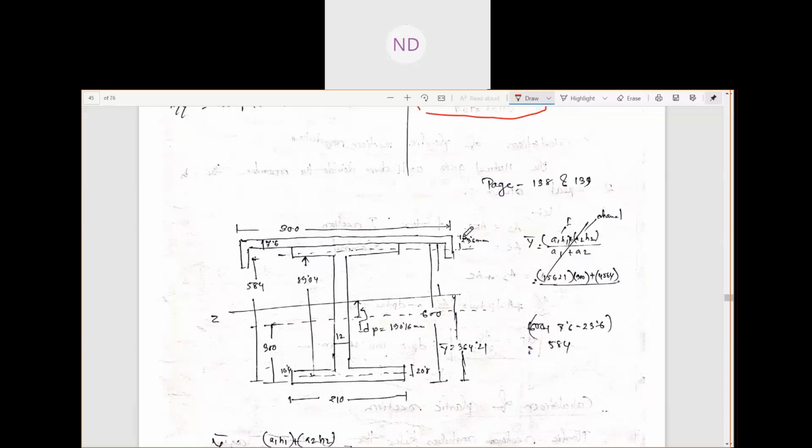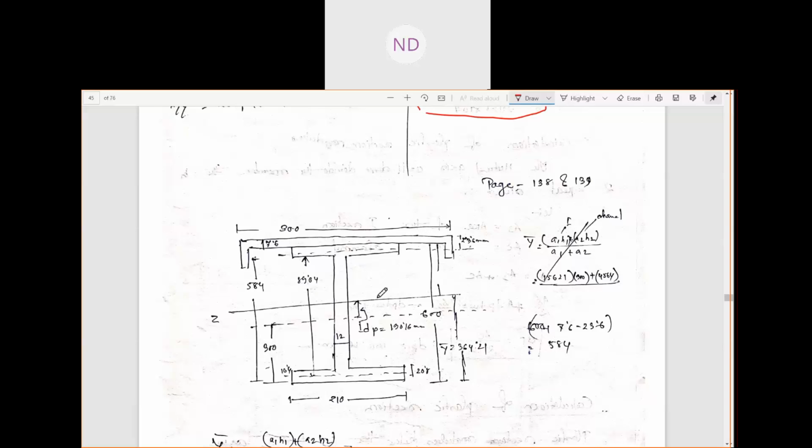You see here, this is 2.36 centimeter, which is this distance, from the edge of the web to the CG of the channel section. So this is your channel section, and from here to here is your CG, the distance of the CG from the edge of your web.